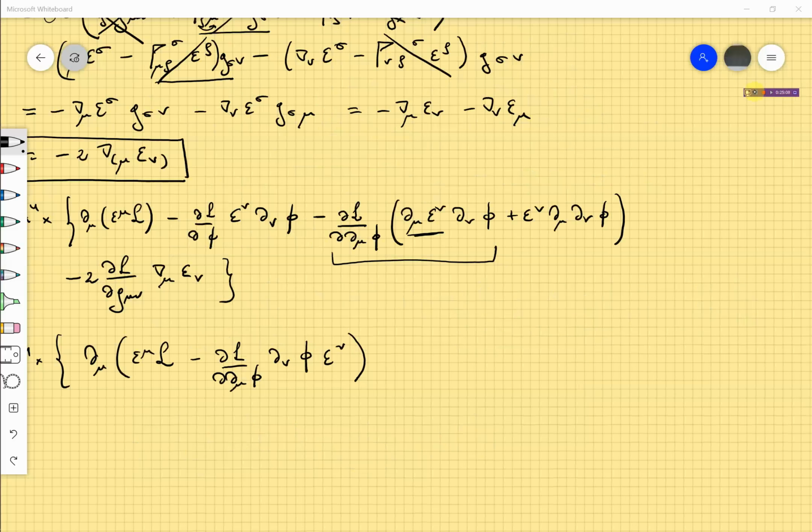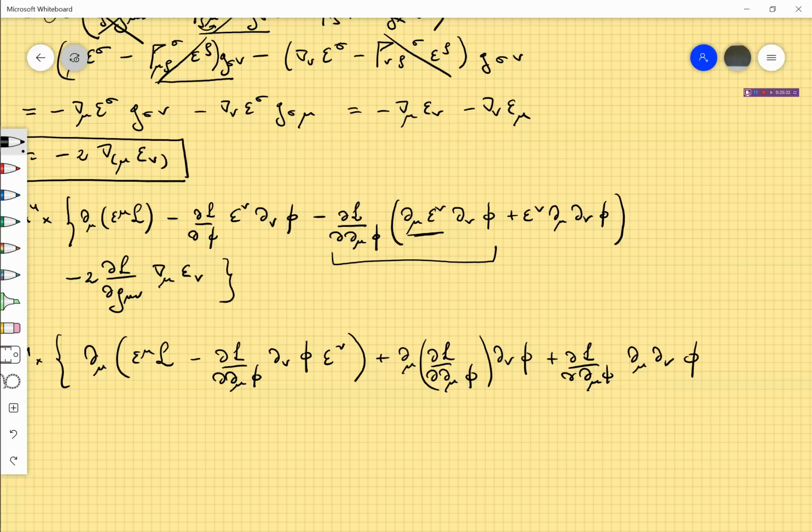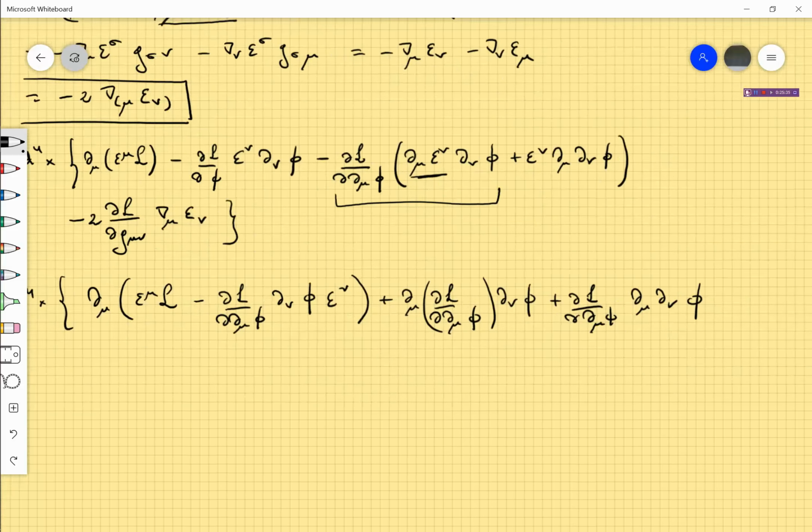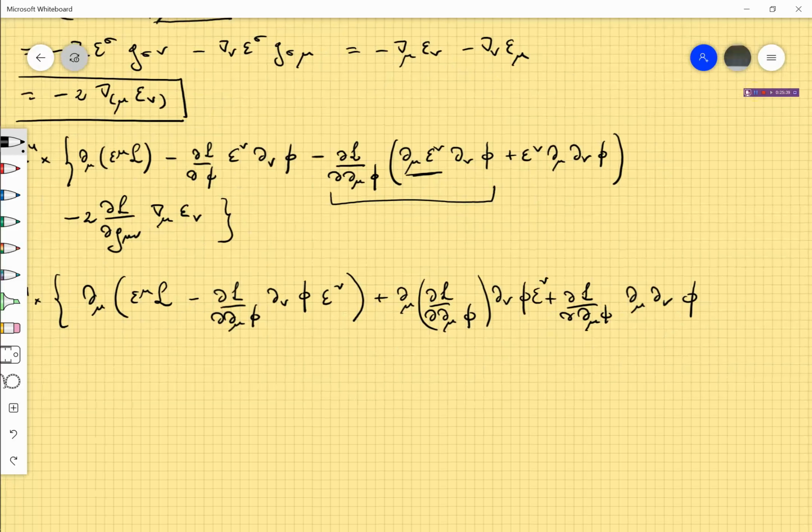Then we have the term that we get by integrating by parts, which is partial mu acting on this times partial nu phi, then the last term, phi partial nu phi, and okay, I am always forgetting that this comes multiplied by epsilon nu, and then this term here, which is minus partial L partial mu phi partial nu phi epsilon nu, and this term.